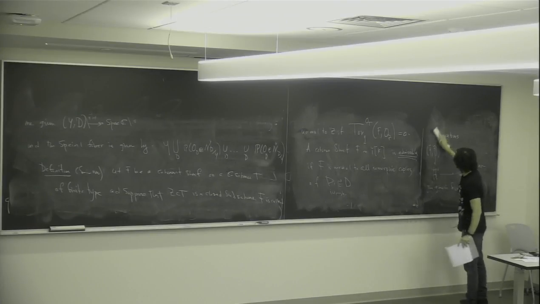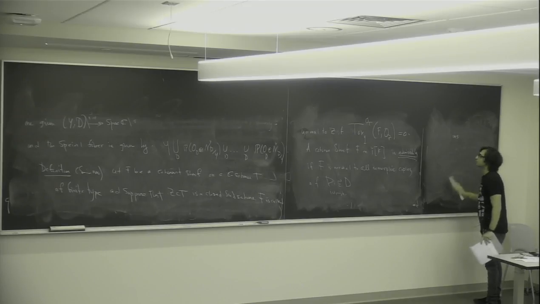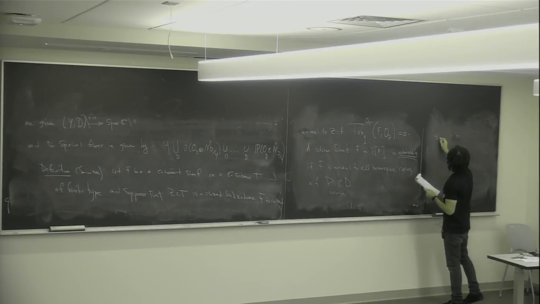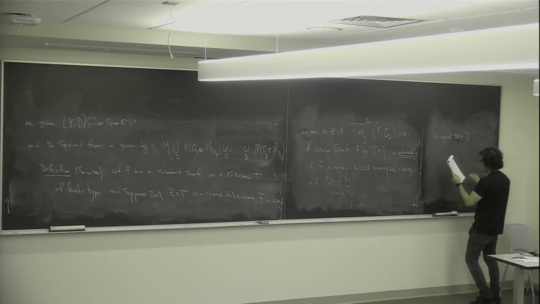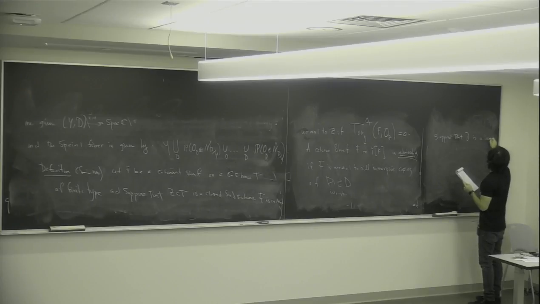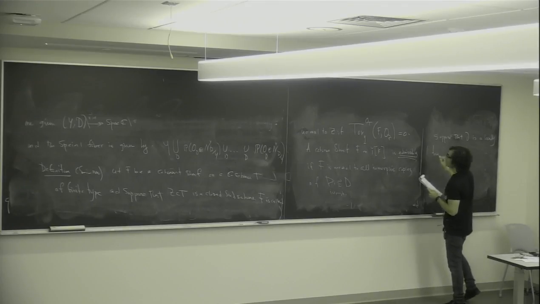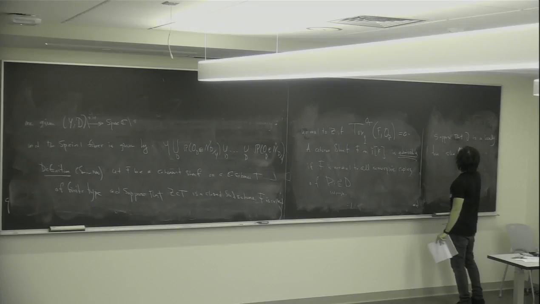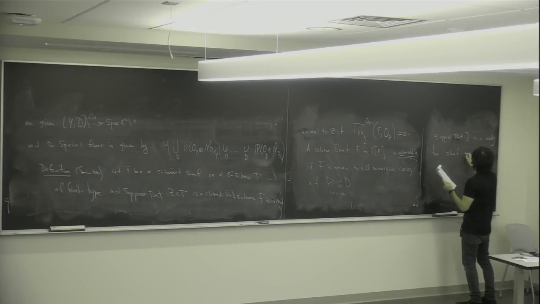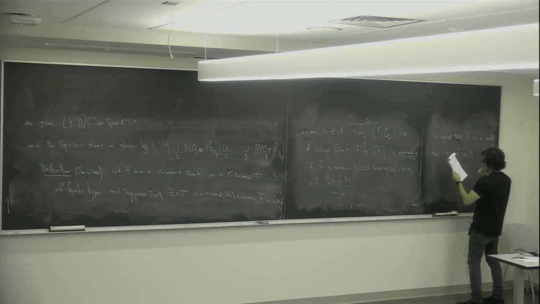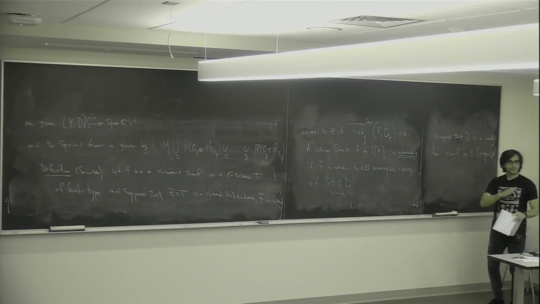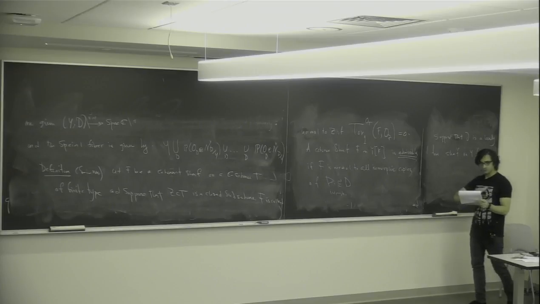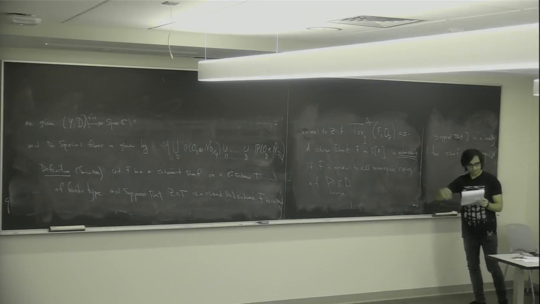Now suppose that ν is a locally free sheaf on Y, respectively on W. I have the pairs Y and D, and a W, which degenerates into Y1 and Y2.